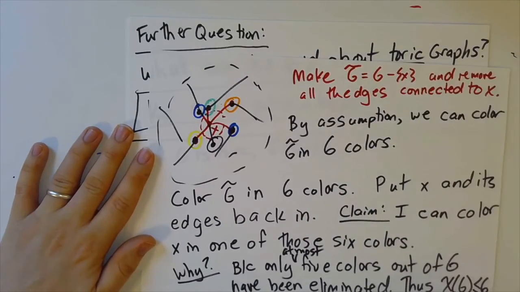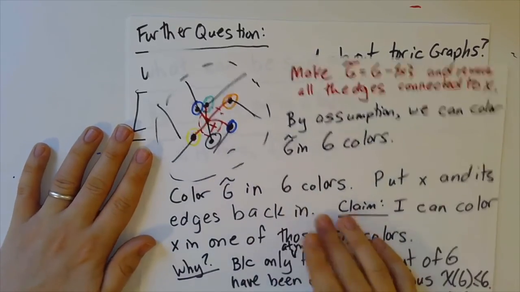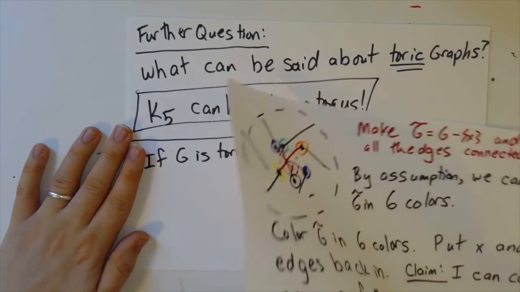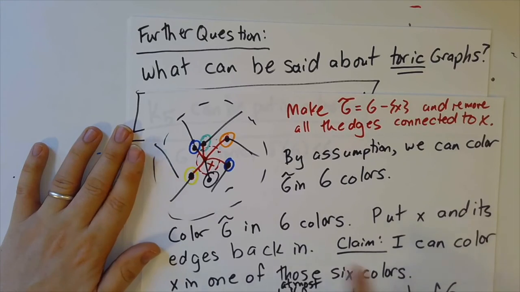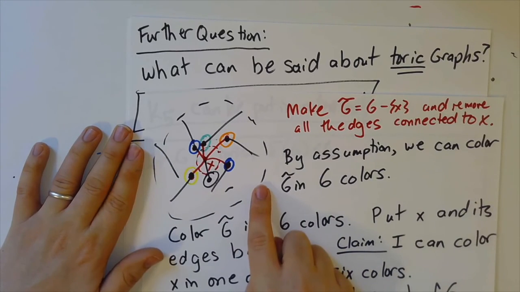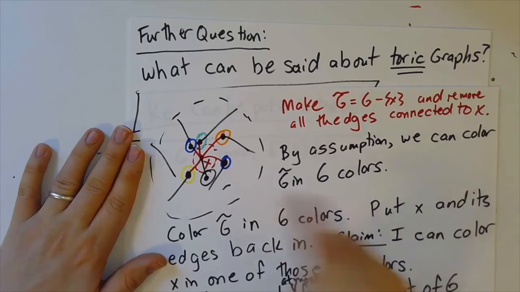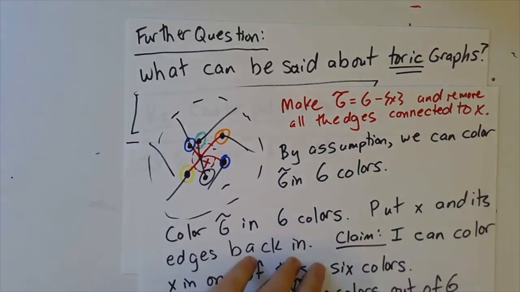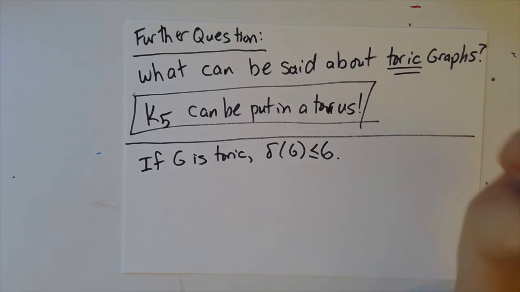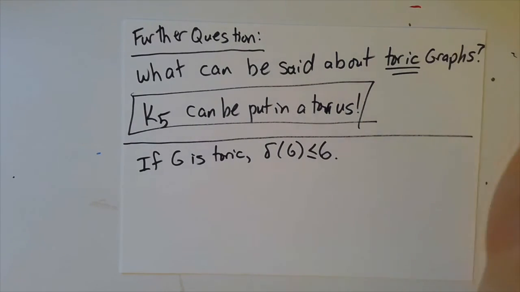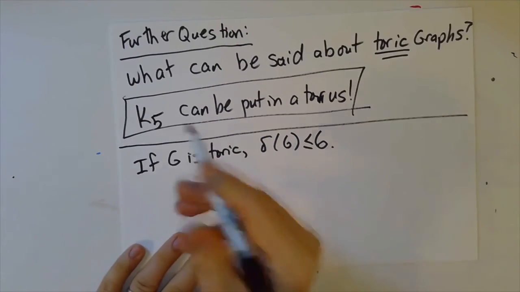But I can only have used 6 colors, so there's a 7th color that I can use to color this vertex, which means my graph is now 7-colorable. So the graph that I assumed required 8 colors to color on the torus actually could be colored in only 7.